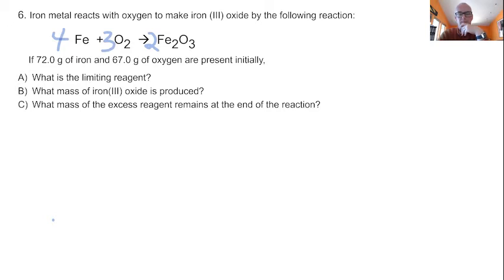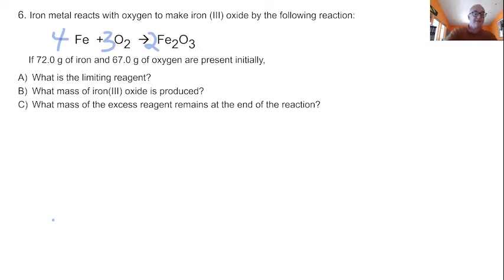You would use the molar ratio to find which one produces less moles of iron oxide, right? Right. We take the total of each reagent and we convert all of it to the product.